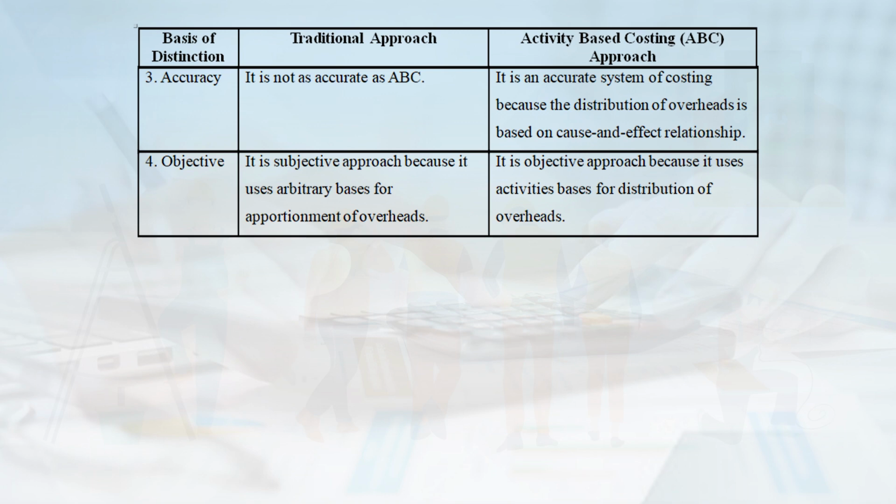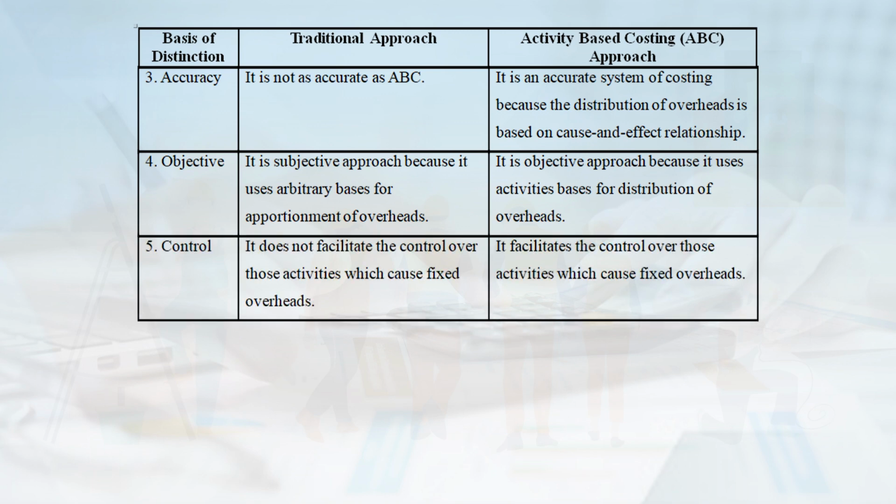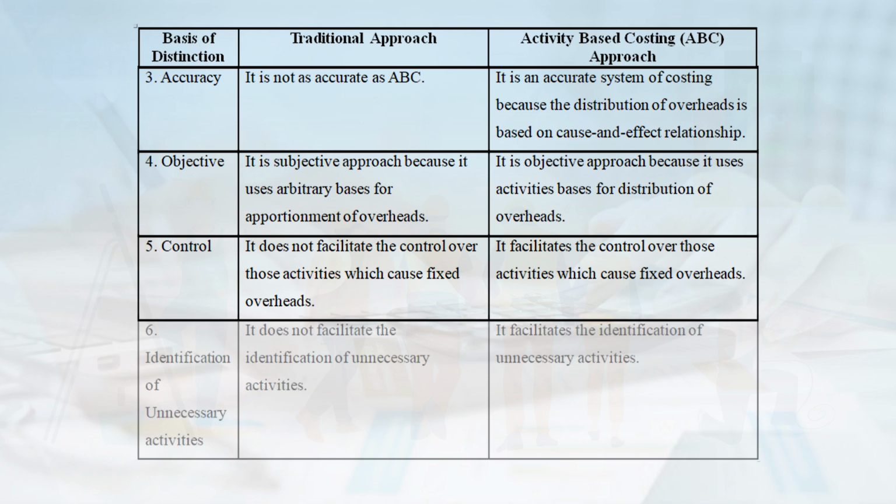Next point of difference is control. Traditional approach does not facilitate the control over those activities which cause fixed overhead, whereas ABC facilitates the control over those activities which cause fixed overhead. And last point of difference is the identification of unnecessary activity.